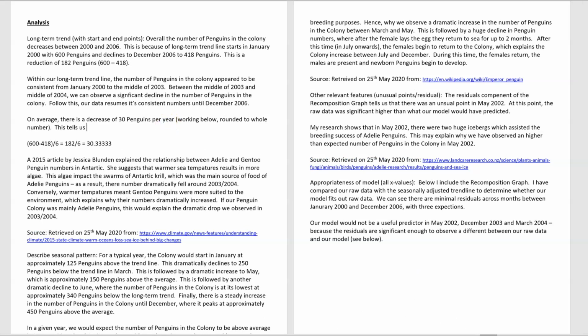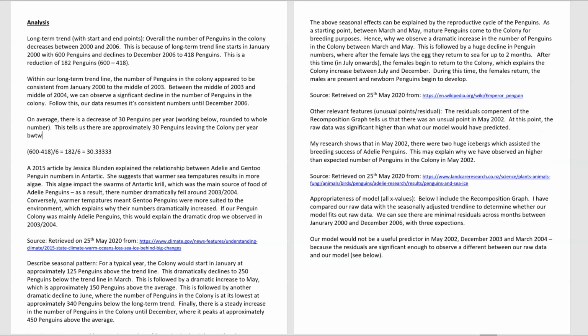This tells us there are approximately 30 penguins leaving the colony per year between January 2000 and December 2006. And I'll just put a little tab in there just to show them working.